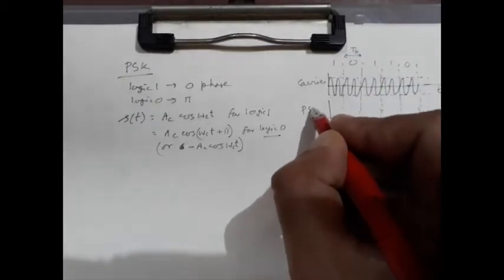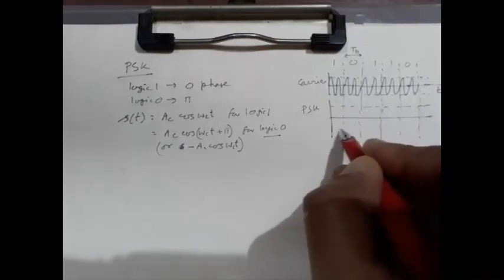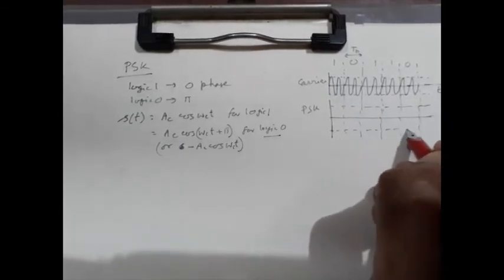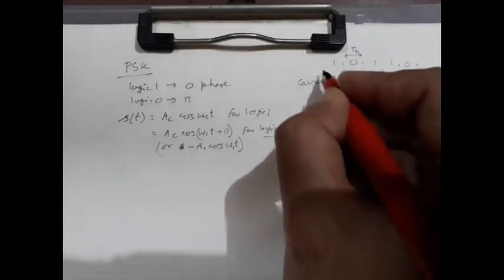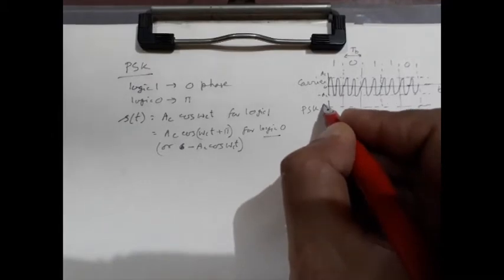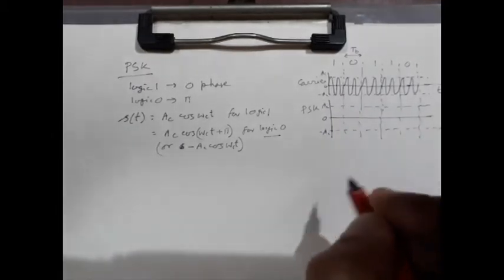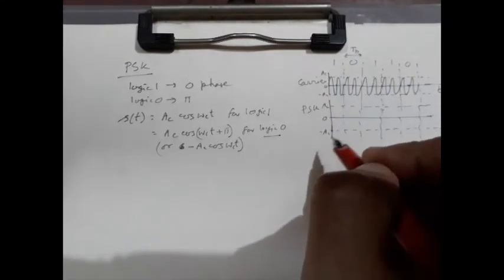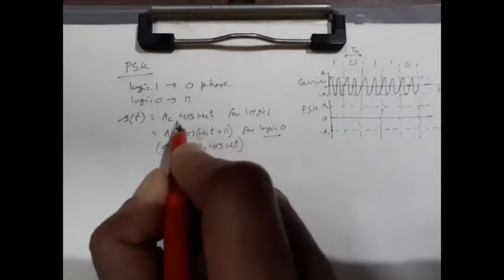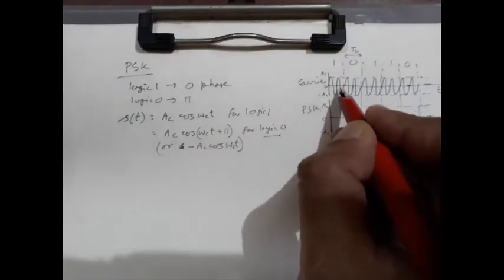Now the PSK signal. For PSK signal, the amplitude will remain the same. So this one is AC, this one is minus AC, this one is 0. The first bit is 1. 1 is represented by AC cos omega ct, though we have drawn it as sin omega ct, same thing.